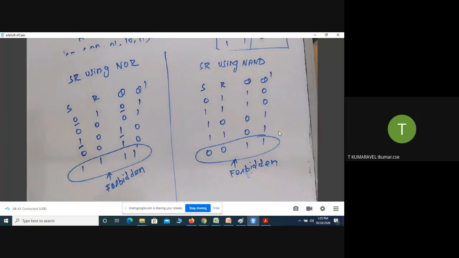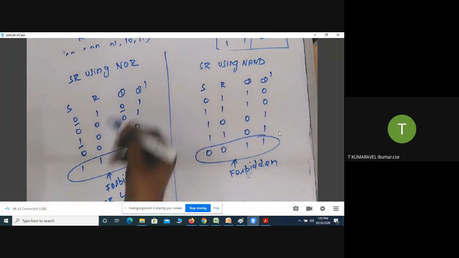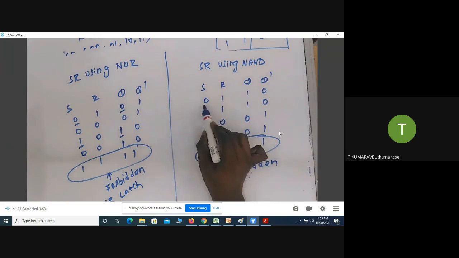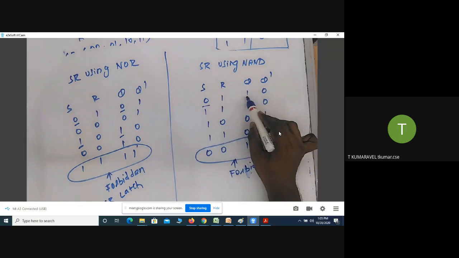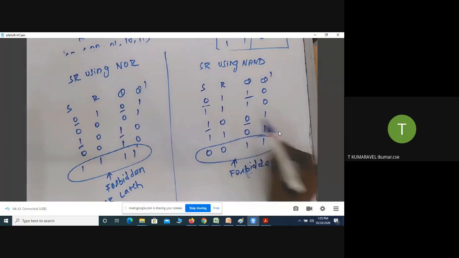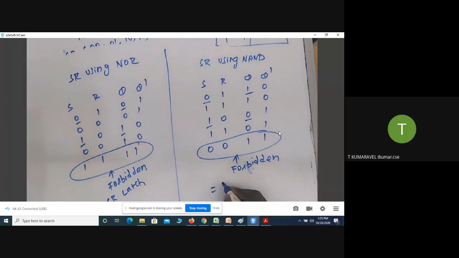That's why it's called an SR latch: set and reset, with the output for Q. Whereas if we consider SR using NAND gate, whenever the S value equals 0, the Q value is just the opposite, 1. If S value equals 1, the Q value equals 0. That's why it is called an S bar R bar latch.